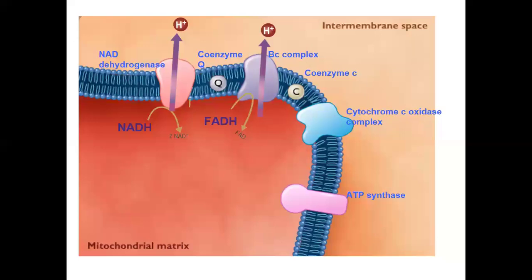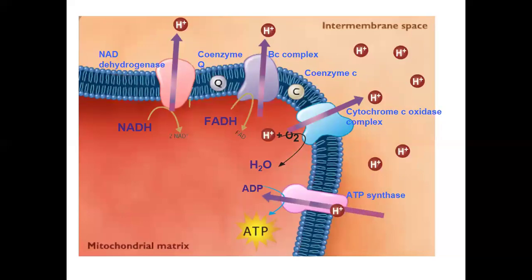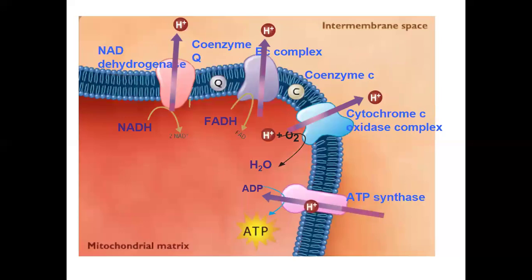You can see the protons coming out through the complexes, just as the electron is carried from one complex to the other. So you can see the buildup of hydrogen, the protons. That buildup is what propels the ATP synthase to produce ATP, which is the energy of interest that we actually want in this case.